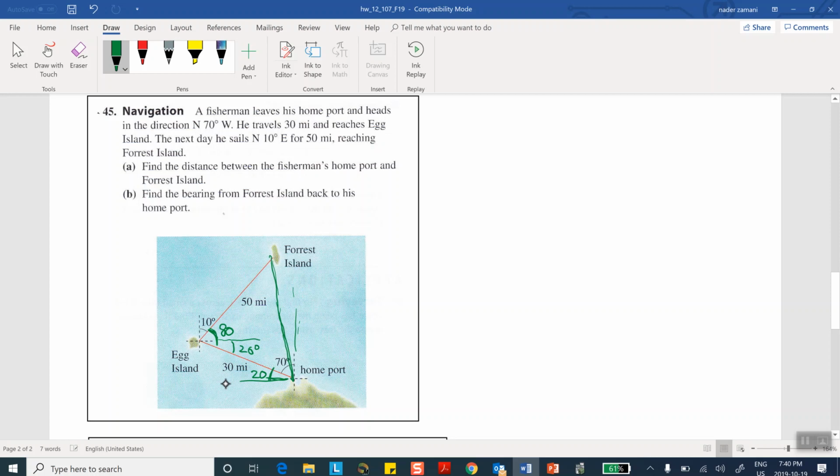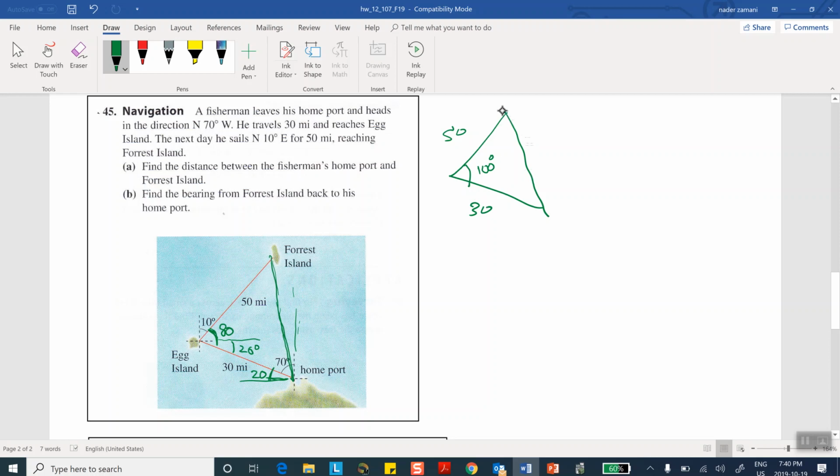Okay, so that angle on the top, let me draw that for you. The situation that we got, this one is 100 degrees. 80 plus 20 is 100 degrees, and this is 50 miles, and this is 30 miles. Look, these problems, you have to look at the drawing very carefully and basically work it out.